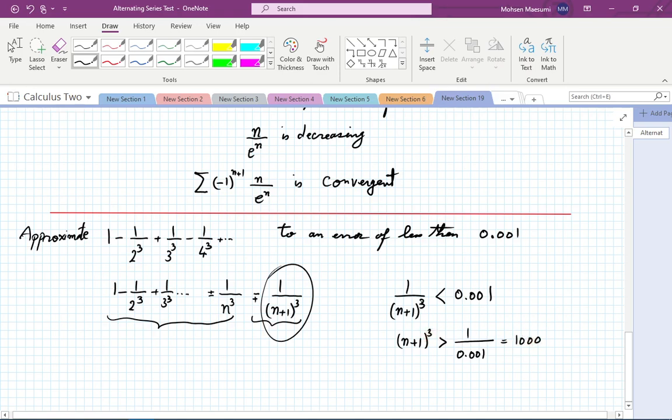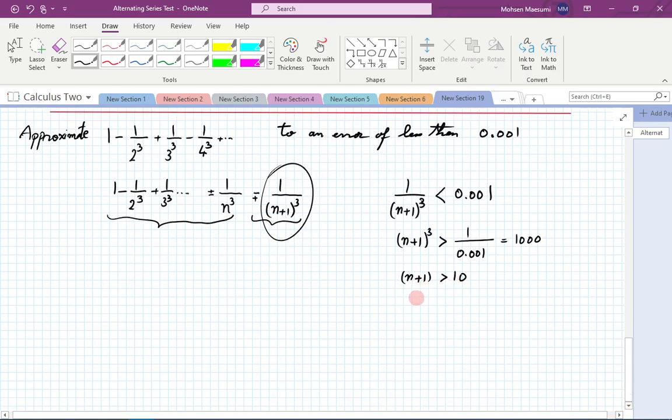Well, let's take a cube root from both sides. So I'll have n plus 1. I take cube root, and then here my cube root is 10. So n has to be larger than 9. So that tells me if I go as far as 10th term, then for sure my error is going to be less than this quantity.